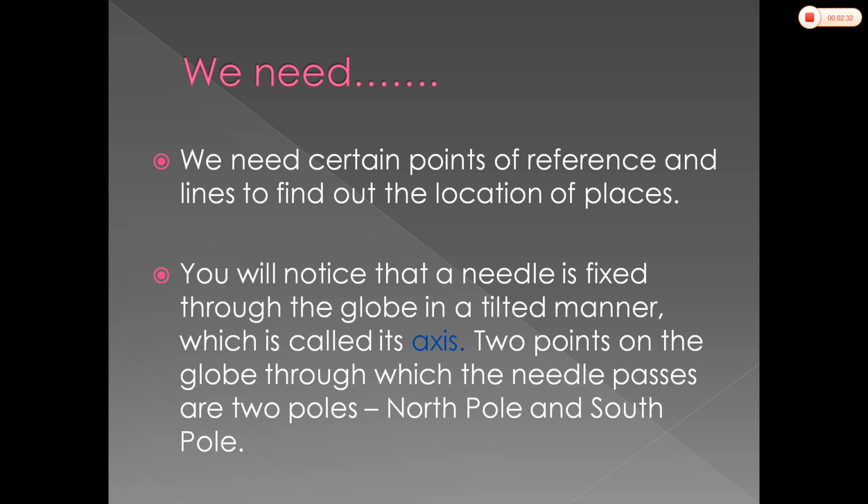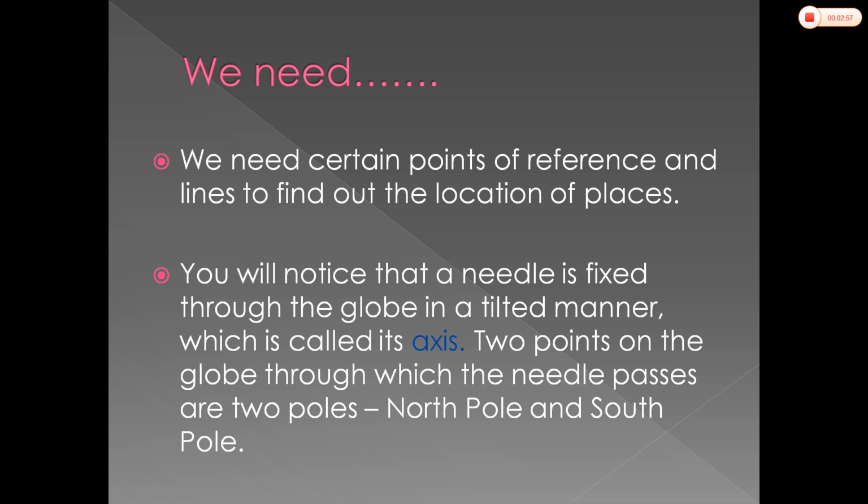We need certain points of reference and lines to find out the location of places. With the help of these reference lines, we can locate whatever place we want to locate. About all these lines we are going to understand in the next period.